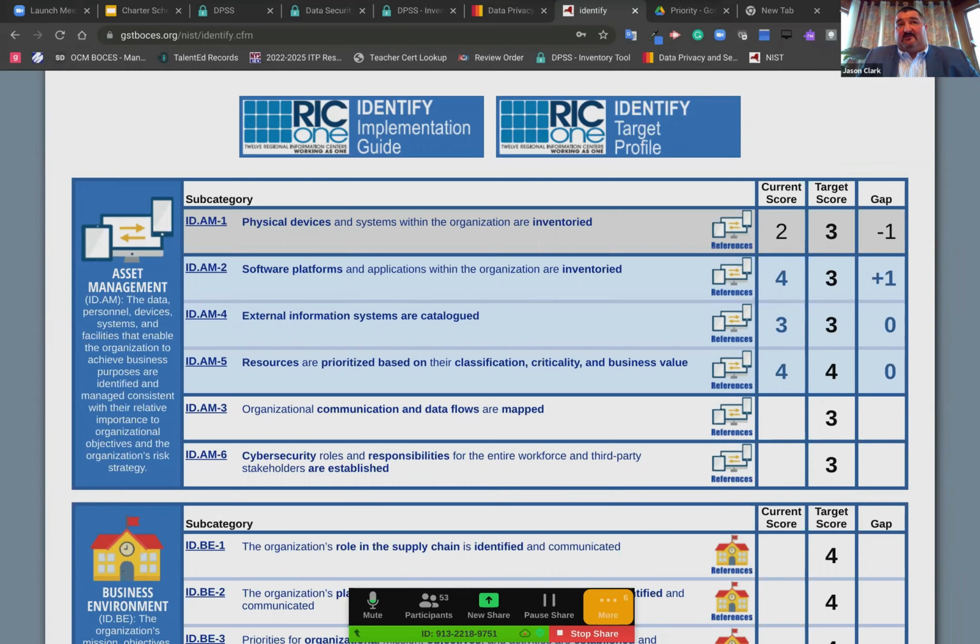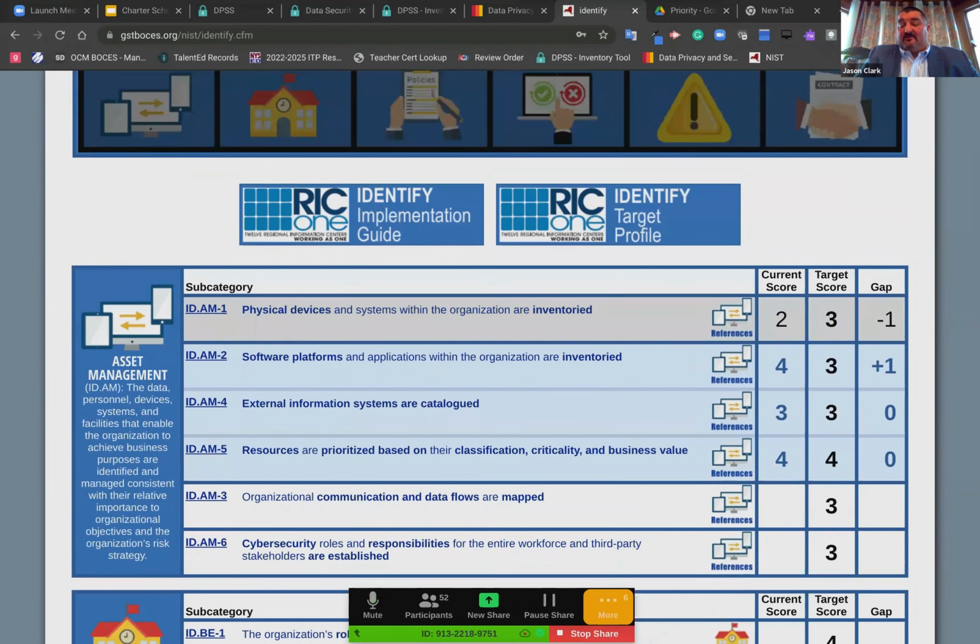That is essentially an exam, if you will, around how you're doing with the NIST. So what I've told my districts is that the work you're doing around NIST, if you're using a tool similar to this, these are your notes that you're taking during the school year.